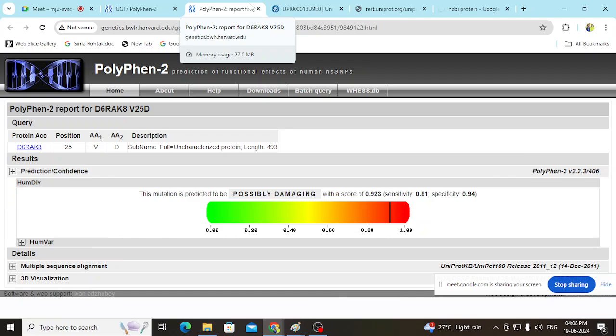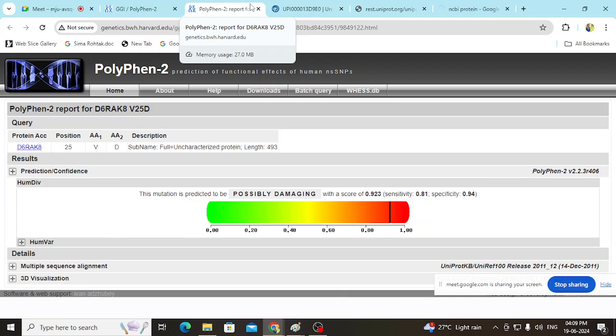Many times in the homology modeling class, you might have understood, the sensitivity and specificity was very low. What does it mean? It means that the coverage of the protein is also very low. For example, we have 400 amino acids, but in the structure we only have 60 amino acids. So 340 have been lost because I could not find any suitable template.